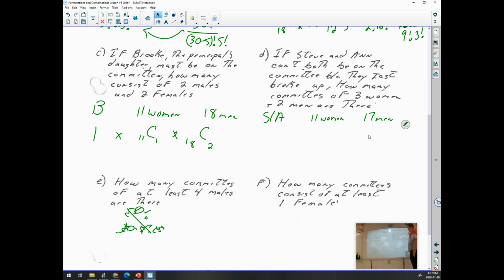When we think about this, we have both, 1, or none. So since they both can't be on the committee, we could have these choices. So to put one of them on the committee, there's 2 ways to put one or the other on the committee.